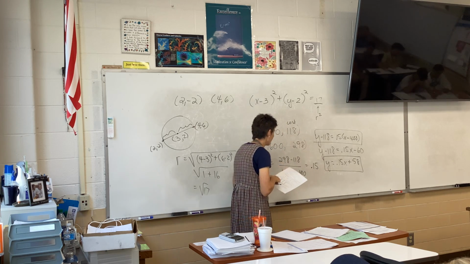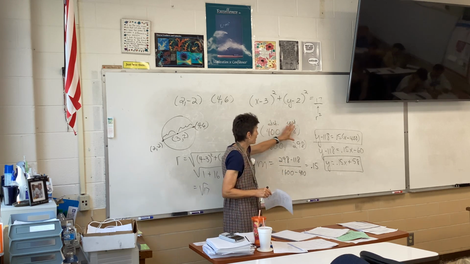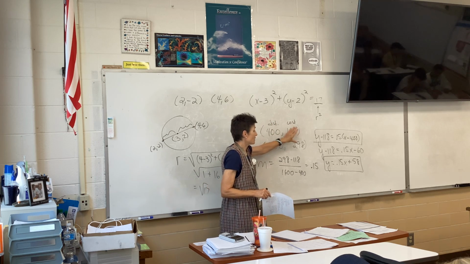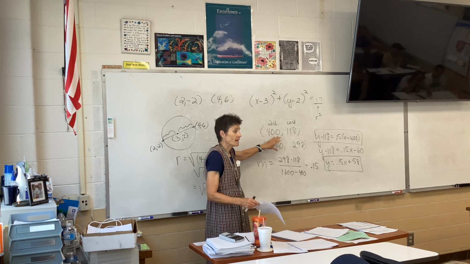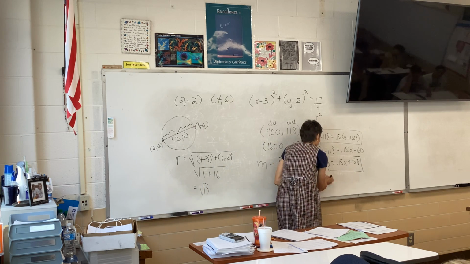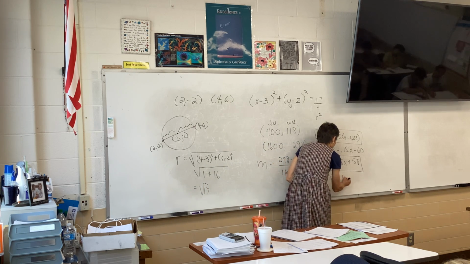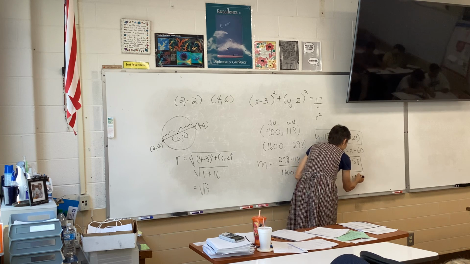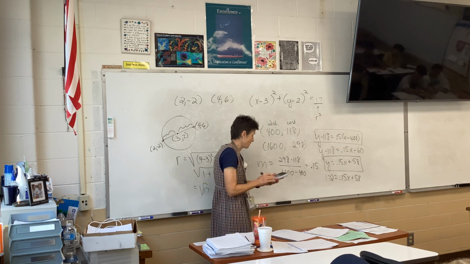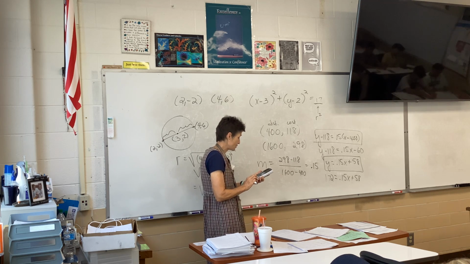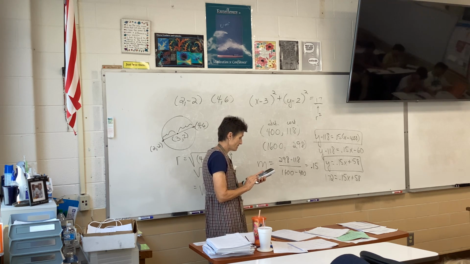So where do I put the 172? Remember how you set up your ordered pairs? That's $172, so where does that go? The y. So I'm going to put 172 right here, and I'm going to solve that. And that will give me the information. So 172 minus 58.